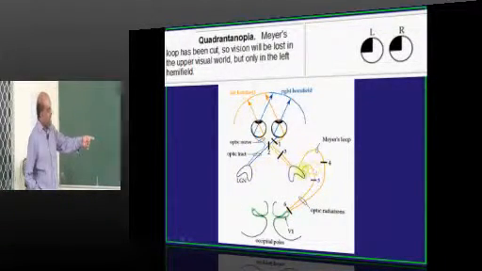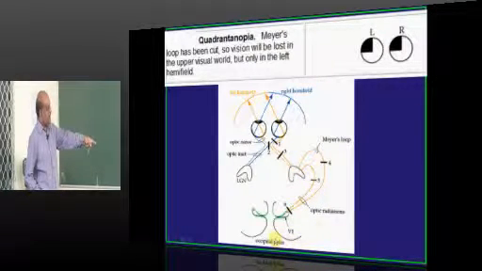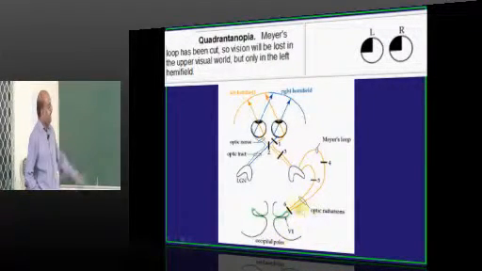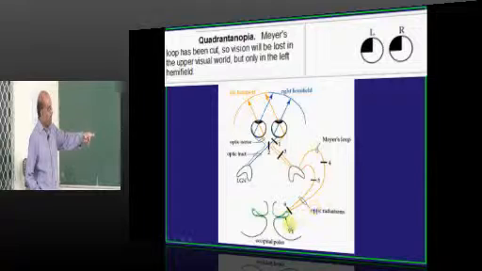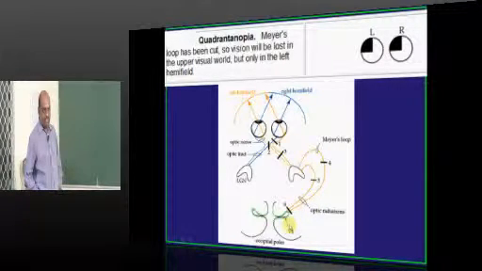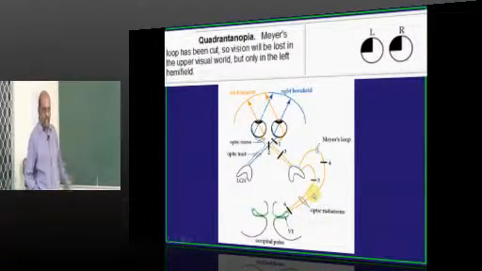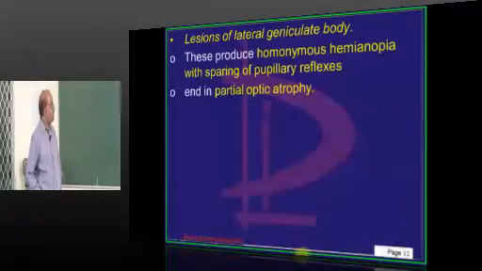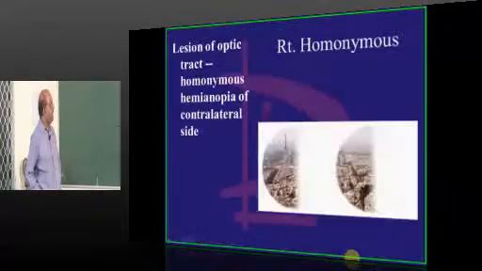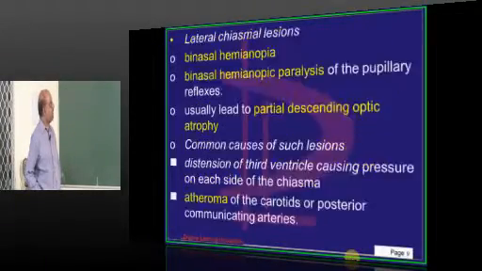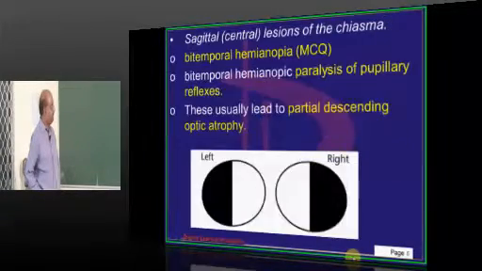Then from the lateral geniculate body it travels towards the occipital pole, and during that time it forms what are called optic radiations. So there can be a compression at any of these levels. So doctor, with that, let us make the start. What will happen at each level?